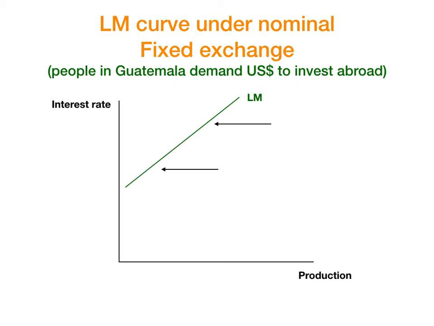You go to the Central Bank of Guatemala, operating under a fixed exchange rate, you give quetzales, and they give you dollars. So the amount of quetzales in the economy goes down, and that shifts the LM curve to the left. That's the effect it has on the LM curve.